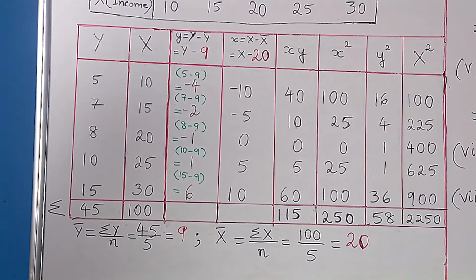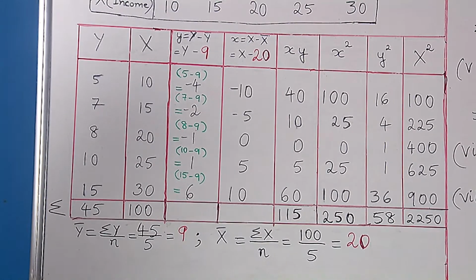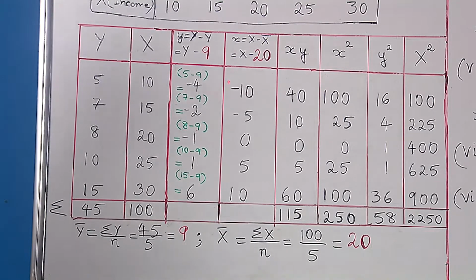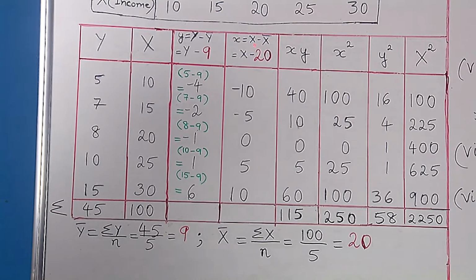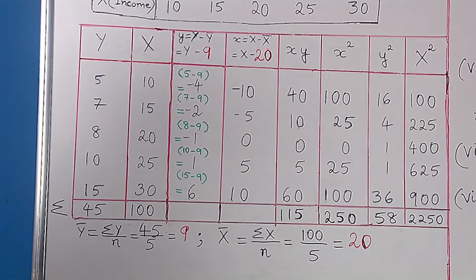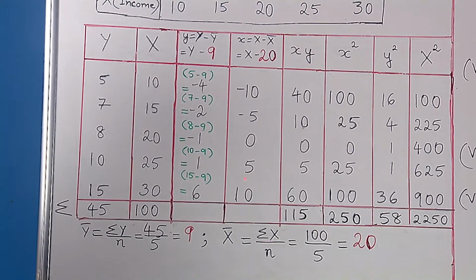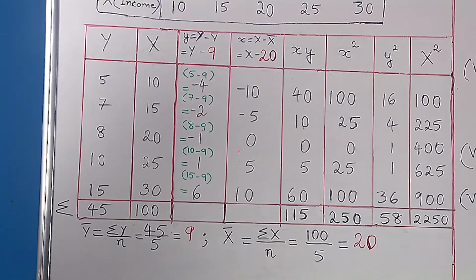So, now we have computed the deviation y values. Now, let us do the same for x deviation, this is x minus x bar. Since we already know x bar is 20, x minus 20 gives us the answers. Just as we did for small y, we do the same process for x.